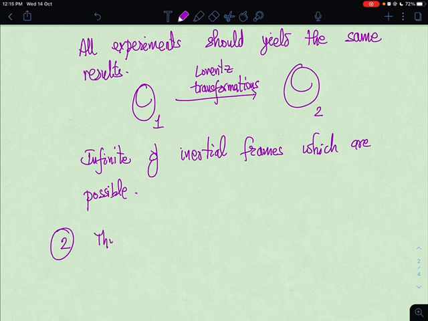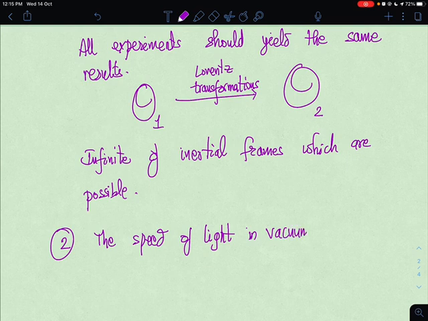The speed of light in vacuum is the same in every inertial frame.